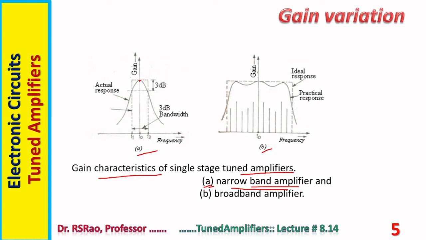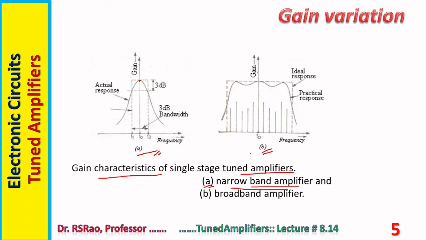The distance between the 3 dB points is called bandwidth, 3 dB bandwidth. So F2 minus F1 is the 3 dB bandwidth. This is the case of narrow band. F2 minus F1 usually is small. That's why this characteristic represents a narrow band amplifier.